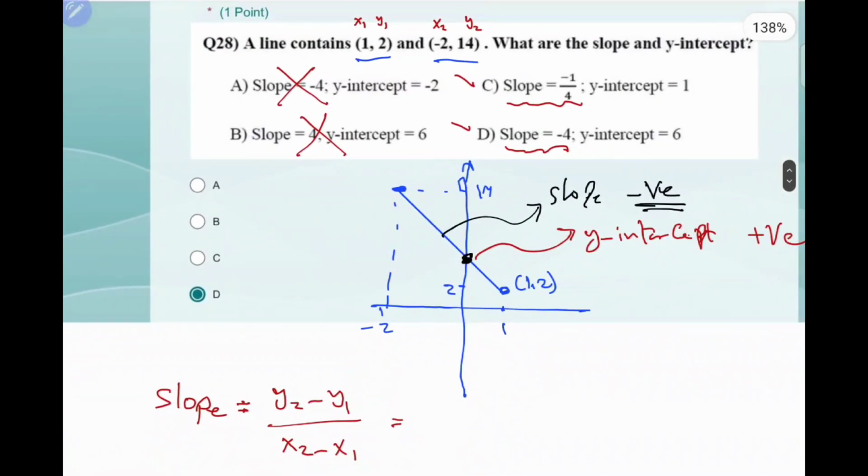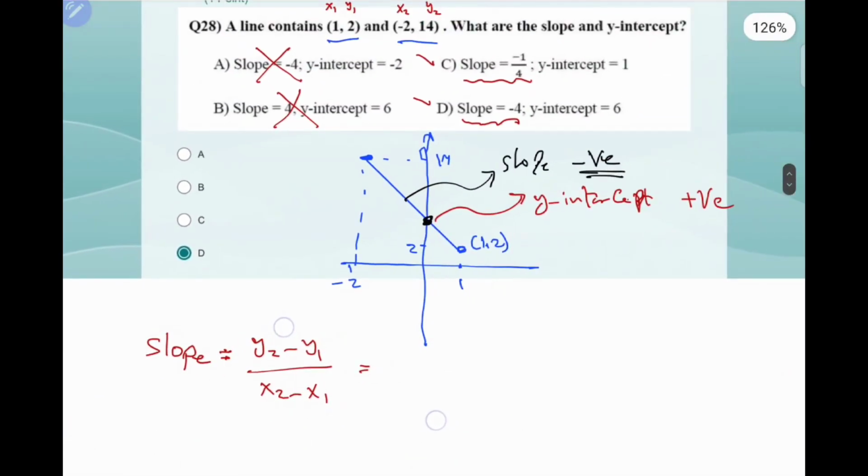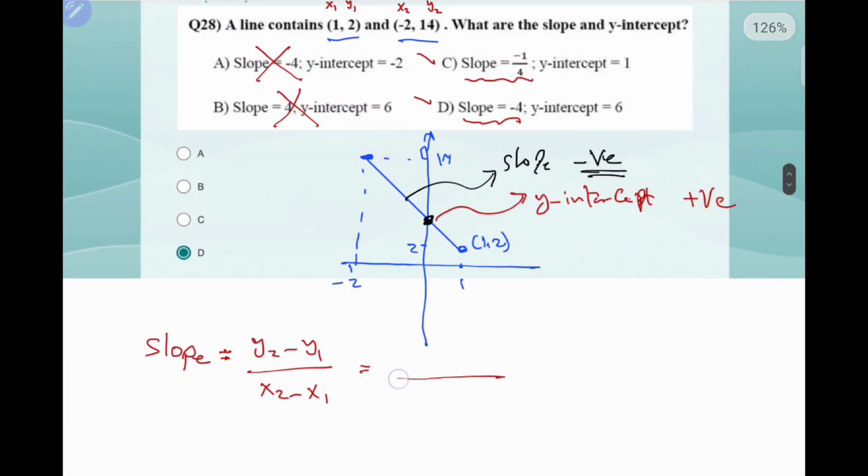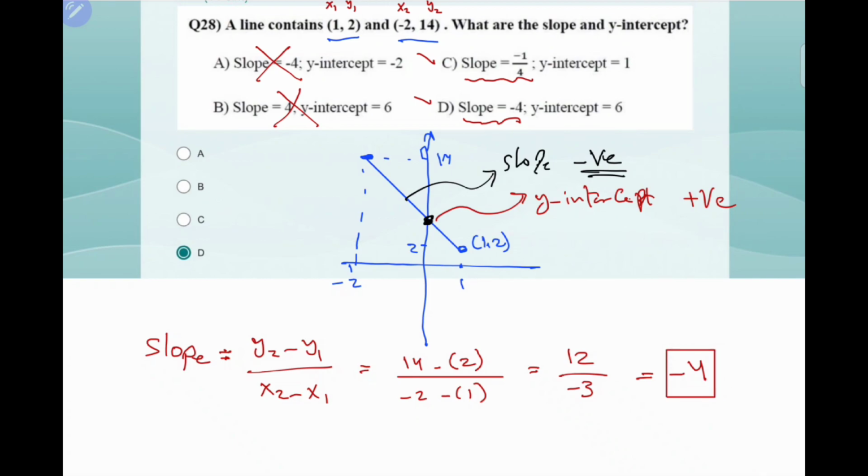In this case we have 14 minus 2, divided by minus 2 minus 1. That would be equal to 14 minus 2, which is 12, divided by minus 3, and the answer is minus 4. So the answer is D.